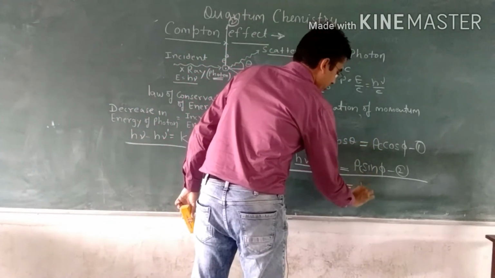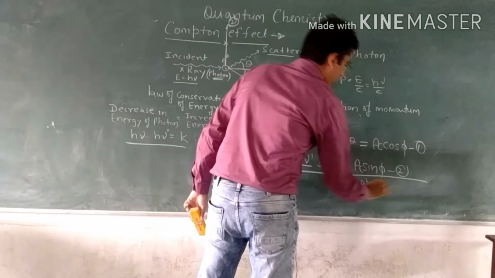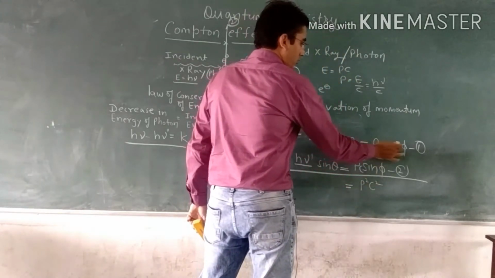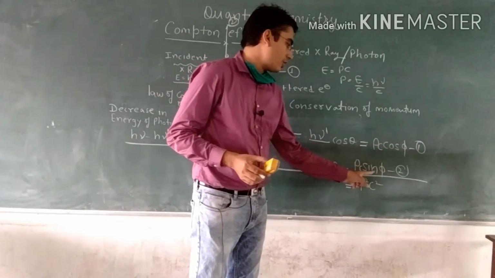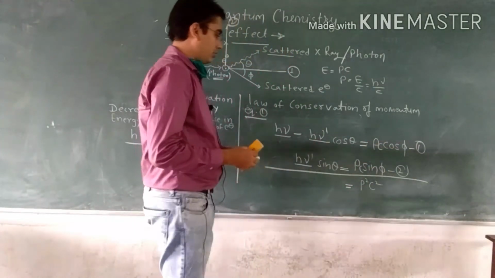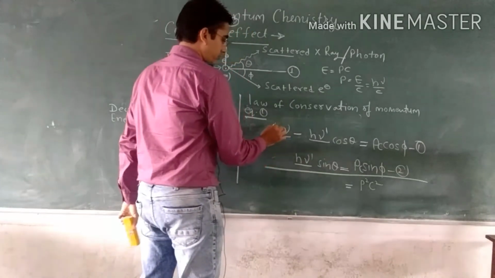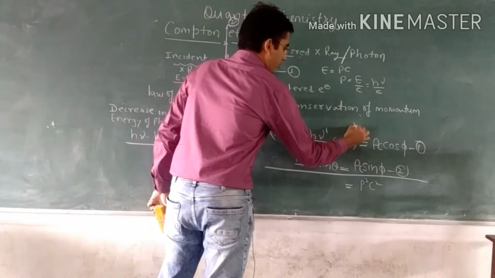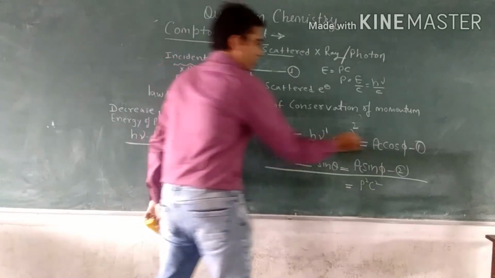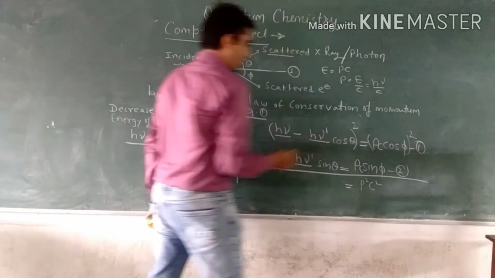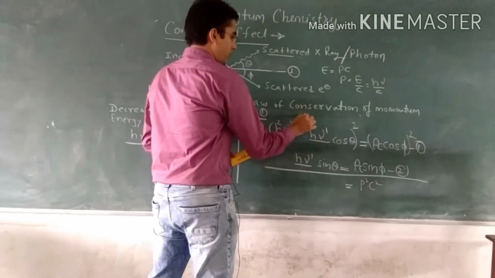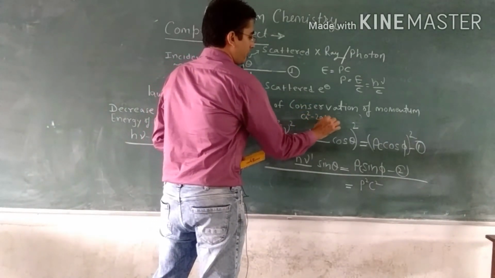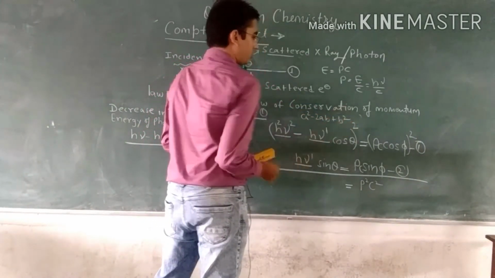Here we get P square c square, and cos square phi plus sin square phi is equal to 1. Because we square here, we get h mu square, and the formula is a square minus 2ab plus b square.